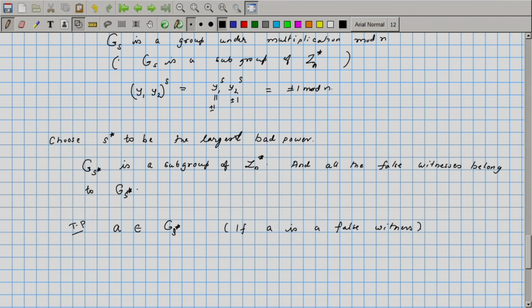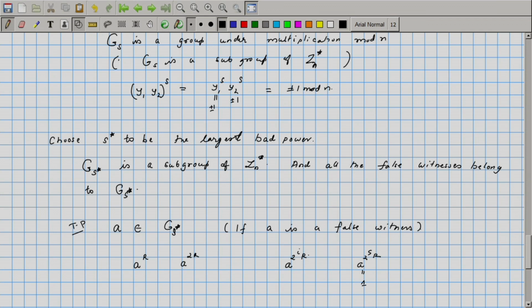Okay. What we know is A raised to R, A raised to 2R, A raised to 2 to the I times R, etc. And if you look at this all the way up to A raised to 2 to the s R, this has to be 1.